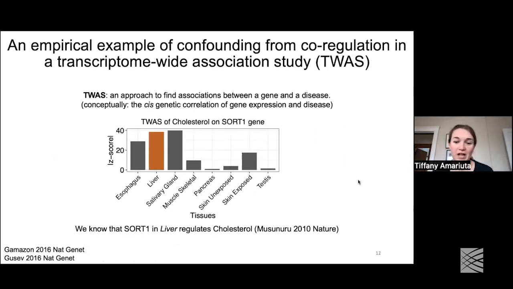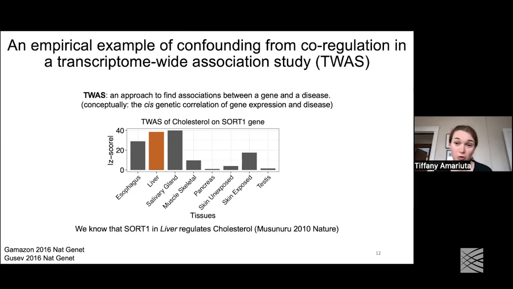So I want to, again, establish some understanding of just how tricky this problem of co-regulation across tissues can be. Here I'm providing a very well-known example, the SORT1 gene, which we know regulates cholesterol specifically in the liver.